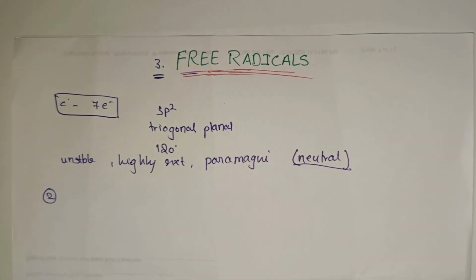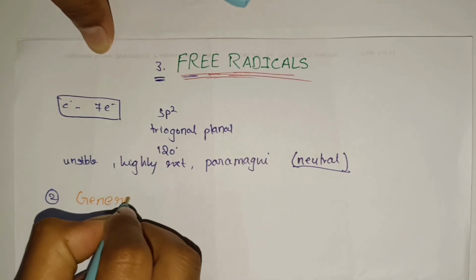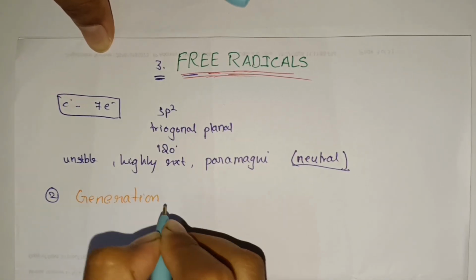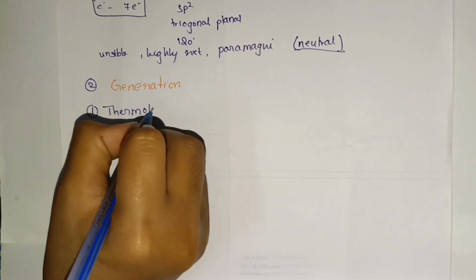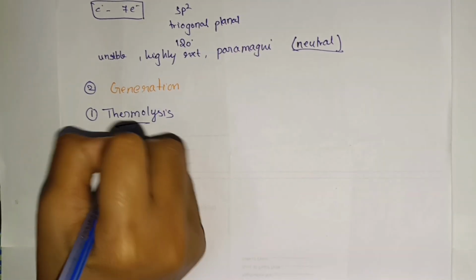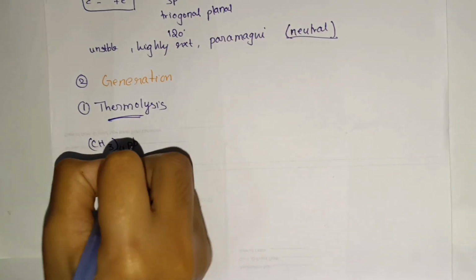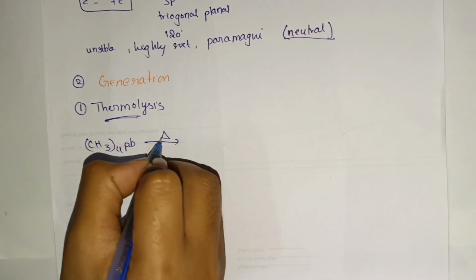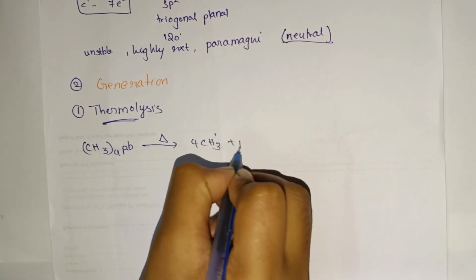Next, the second one is generation. In generation, the first one is thermolysis. In presence of heat, it forms a free radical.